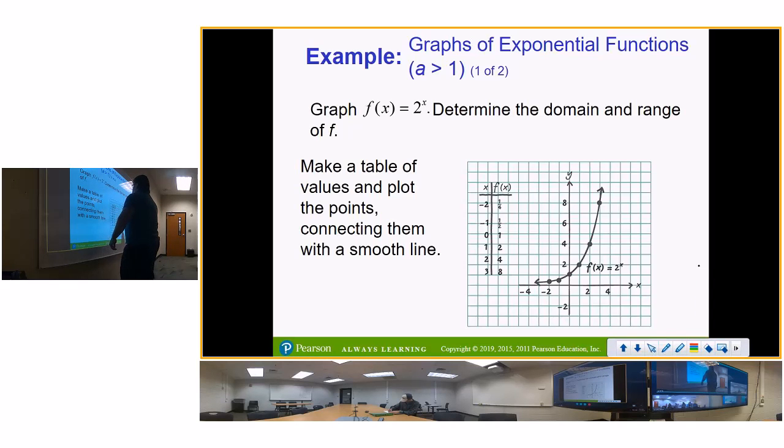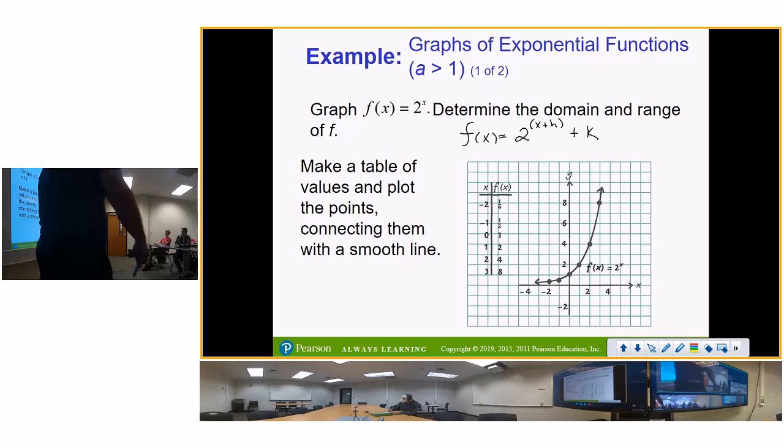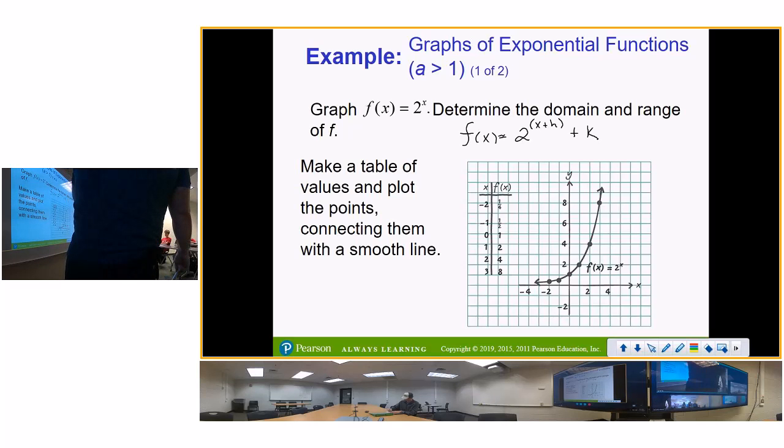Okay. So, if I change this, and watch this. F of x is equal to 2 to the x plus h plus k. Then what's the h? Horizontal shift. What is the k? The vertical shift. Well, you're not at the origin. How do you know which point to move?